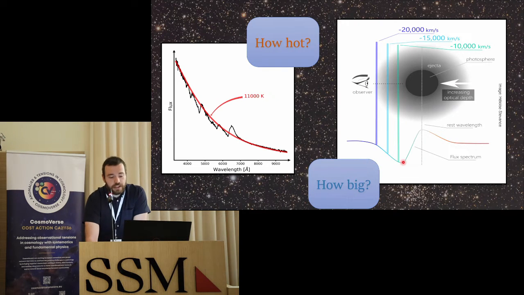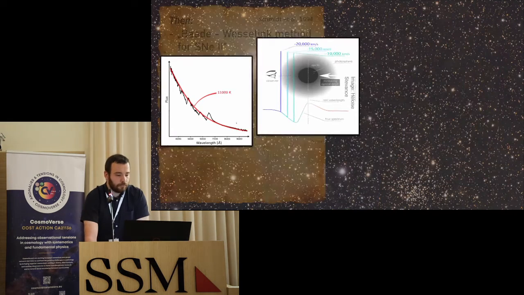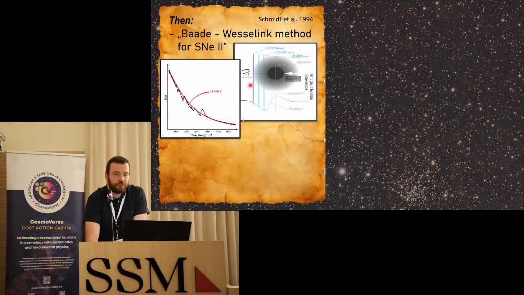So by measuring these P-Cygni lines and modeling them, you can get an idea of how big the supernova is. And by putting a black body on top of the spectrum, you can actually measure how hot the supernova is. Of course, reality is not that simple, but this has been how people have been using this method in the past decades.